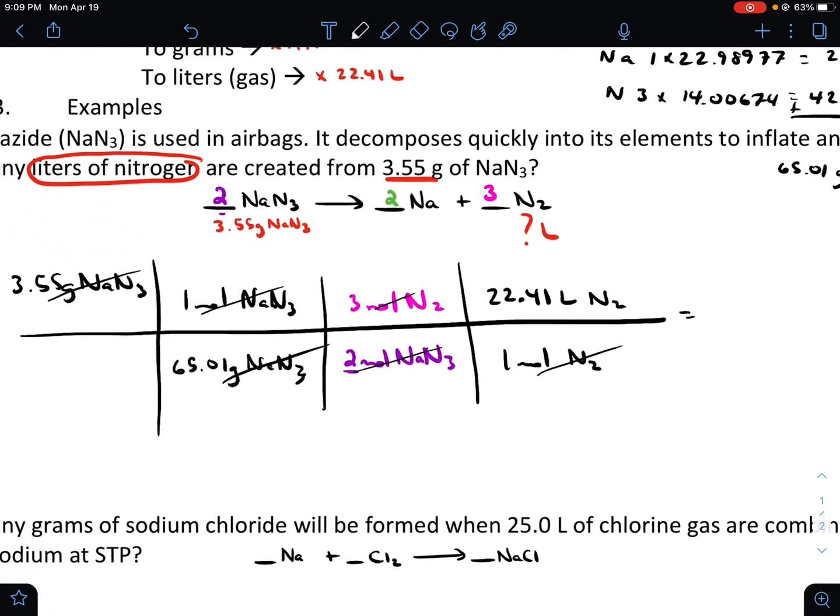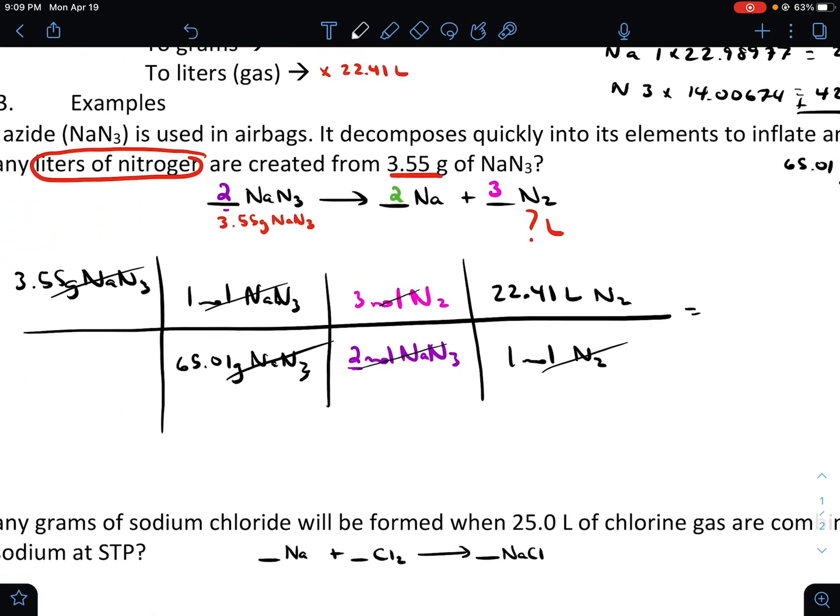Remember on our calculation here, just to make sure we're all on the same page, we're going to take 3.55 times 3 times 22.41 divided by 65.01 divided by 2. That should give us our answer there. So let's go ahead and do that. 3.55 times 3 times 22.41.